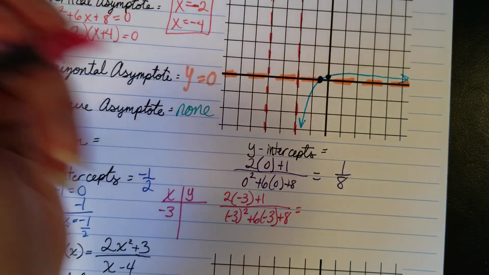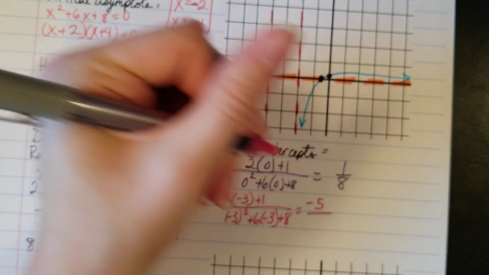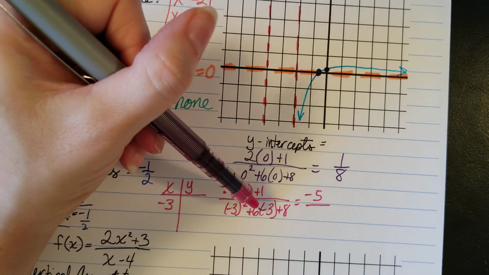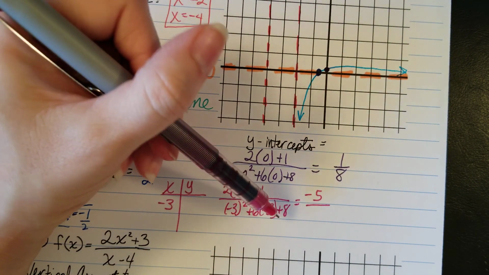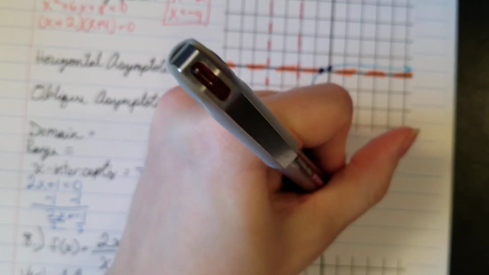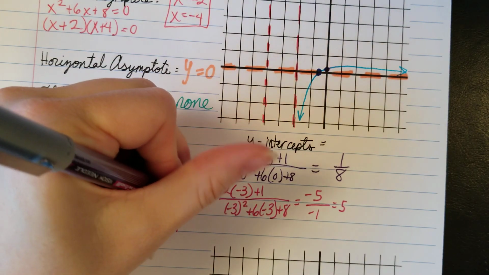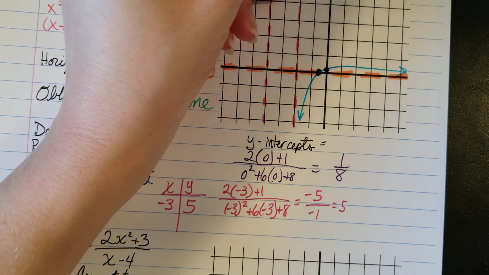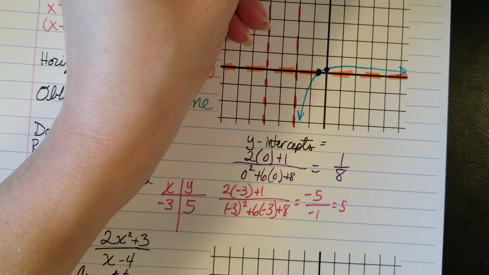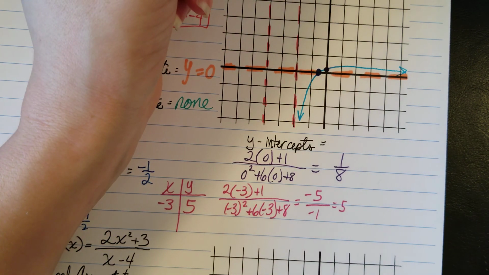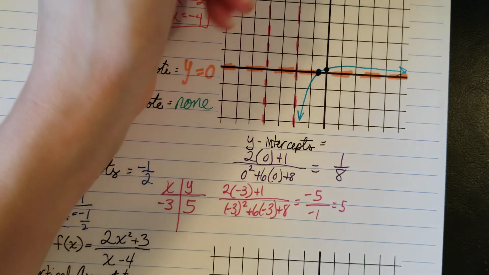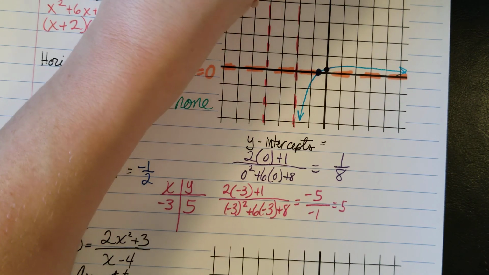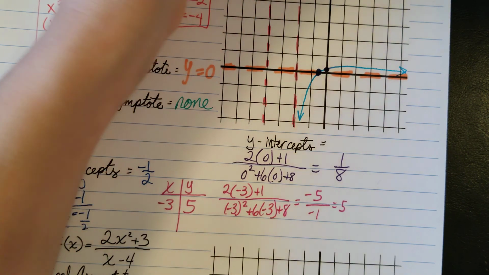All right, so that would be -5. That's going to be 9 minus 18 would be -9, plus 8 would be -1. So that equals 5. So -3, 5. So right there. All right, so it's got to follow the asymptotes, and it can't cross the x-axis again, so it'll have to go up.